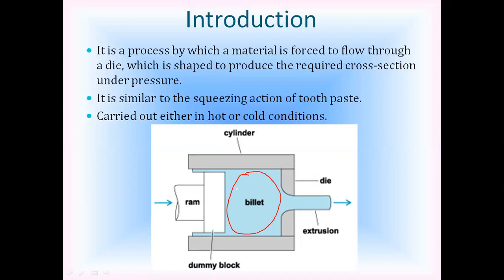Force is applied on a ram through a dummy block, and this dummy block pushes the billet through the die. Then the metal is extruded to the other side with high pressure. We call this the extrusion process.